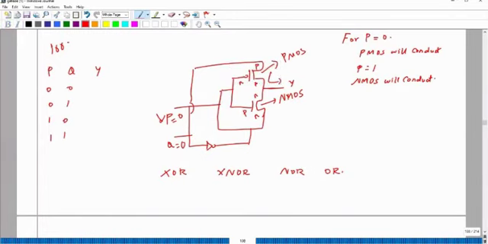Next, 1, 1. Here the PMOS will conduct, so this is connected to Y. This is 1 and this is 0, and this part is an open circuit. So this is 0 now. So the answer is XOR.